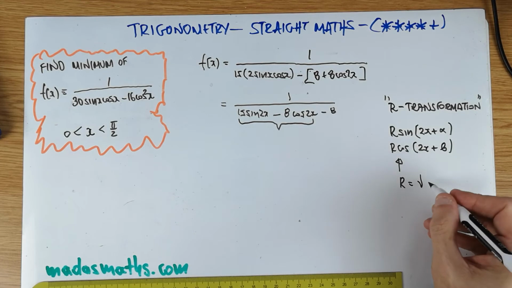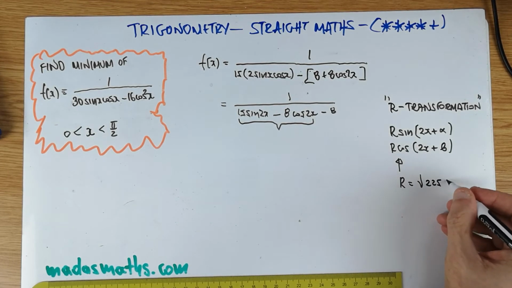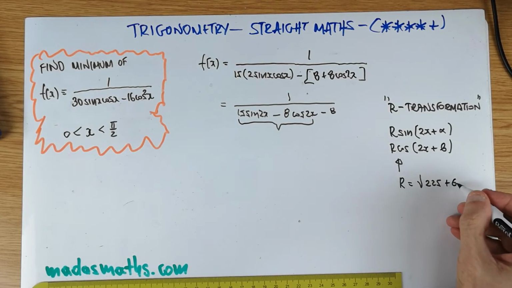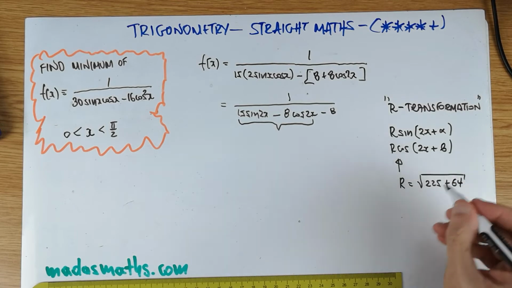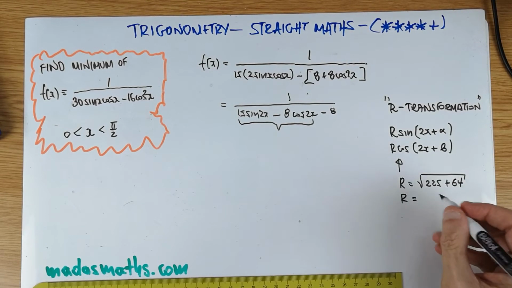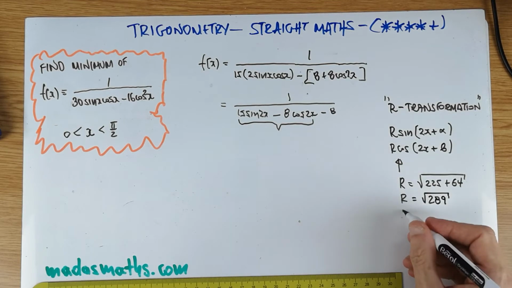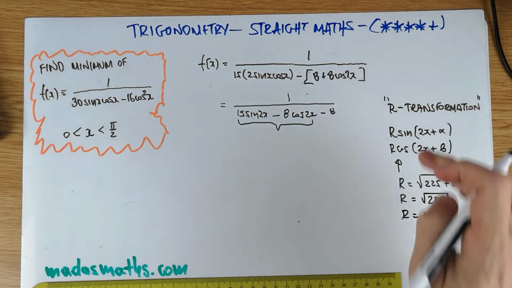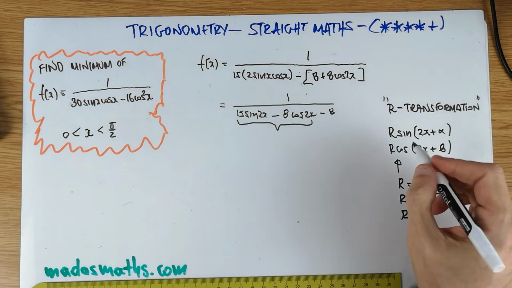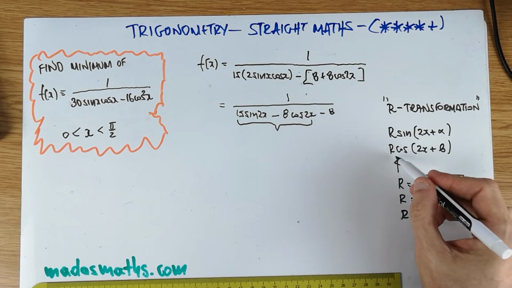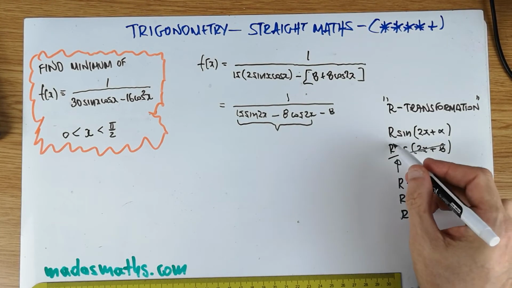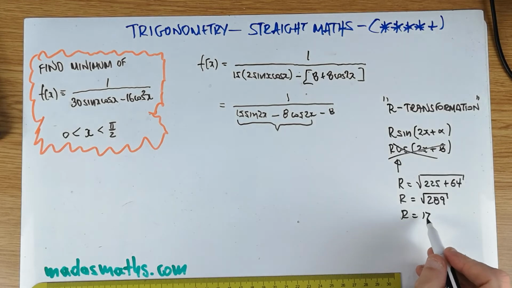So it's going to be 15 squared, which is 225, plus 8 squared, or negative 8 if you prefer, 64. So this is going to be the square root of 289, which is of course 17. So it doesn't really matter whether you write it as a sine or as a cos. You can do either. The r at the front is 17.